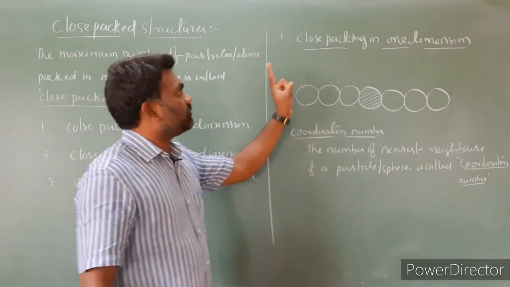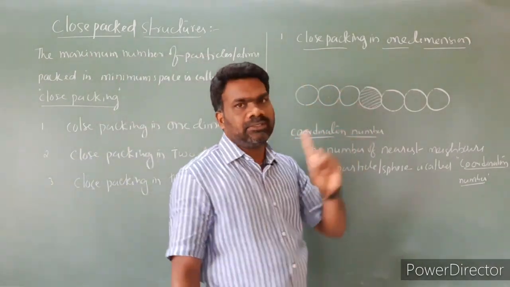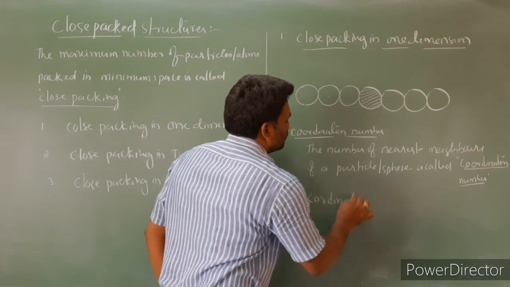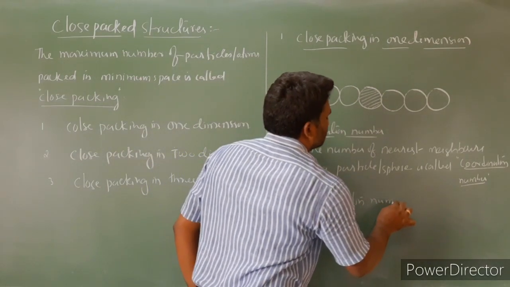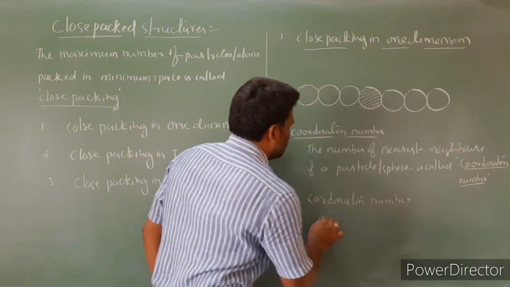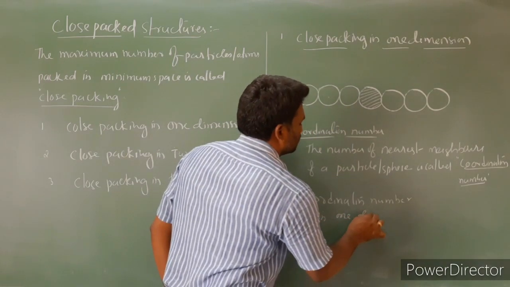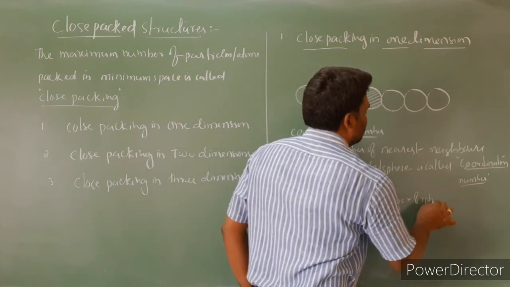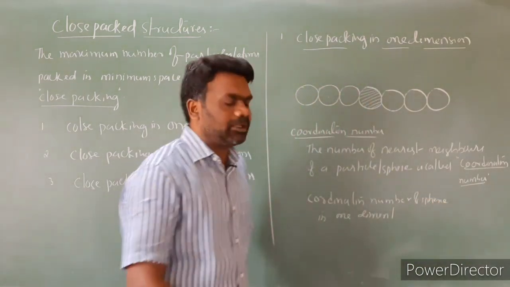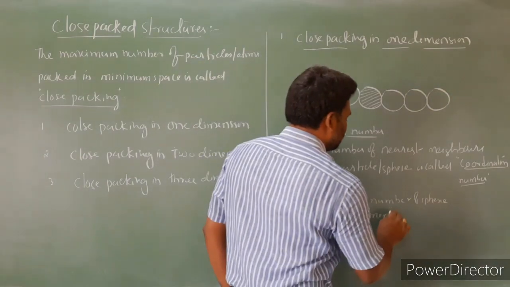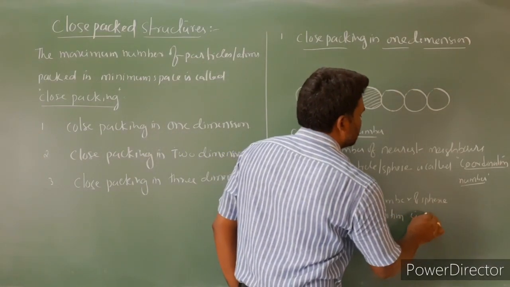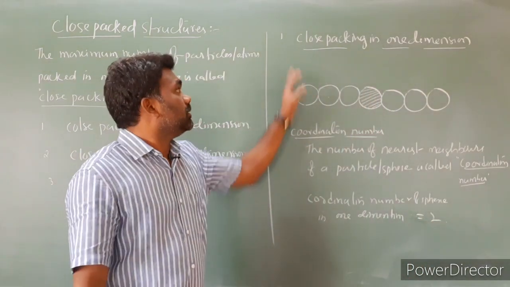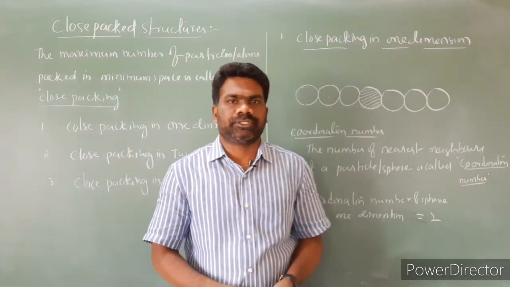The coordination number of a sphere or particle in one dimension is equal to 2. So this is the close packing in one dimension.